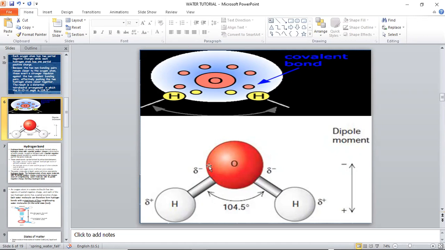So you have the two partially negative charges on the oxygen there, and then you have the partial positive charge on the hydrogen atoms, which leads to a dipole or a dipolar nature of water. So, dipole nature of water due to its polarity.